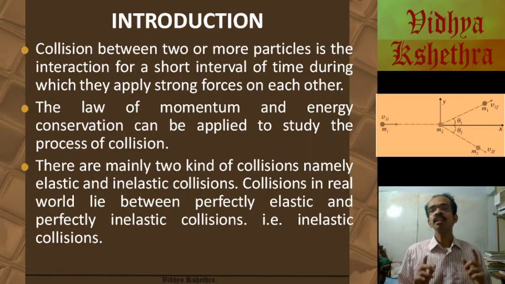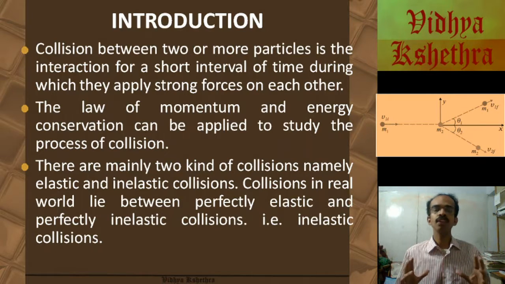There are mainly two kinds of collision, namely elastic and inelastic collision. Collisions in the real world lie between perfectly elastic and perfectly inelastic collision. In case of inelastic collisions, the momentum is conserved while the kinetic energy is not conserved.